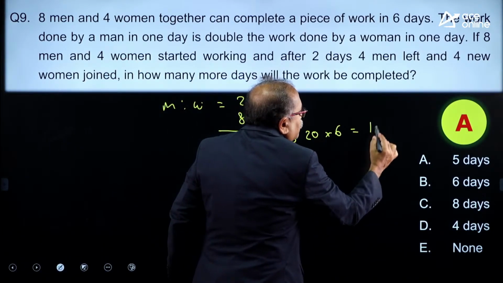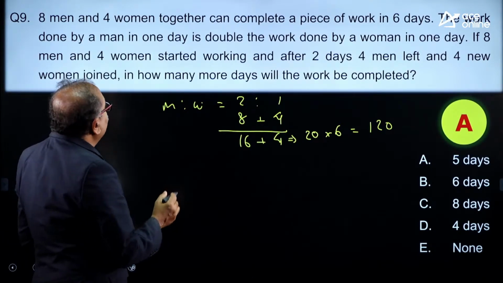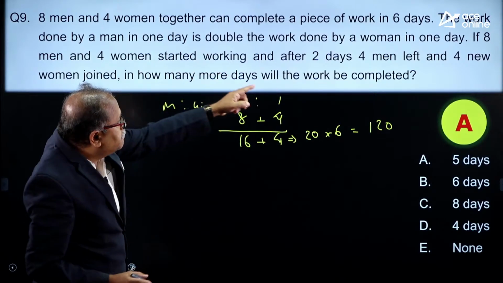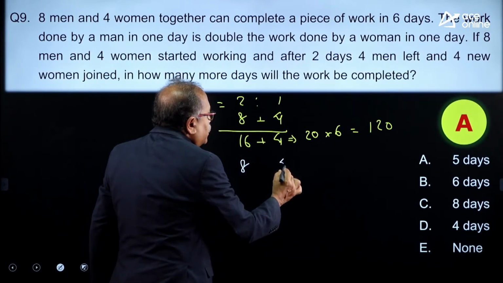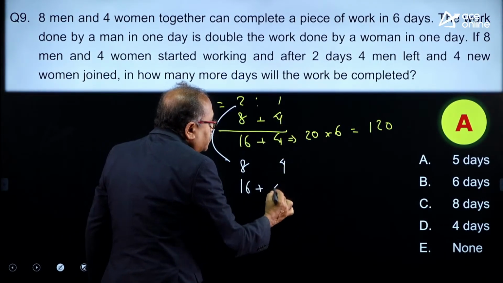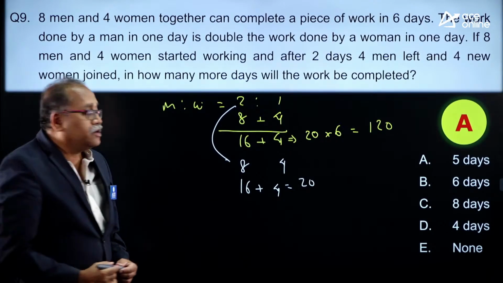In that way, I got 120 units as the work. In the first 2 days, 8 men and 4 women were there, so efficiency 2 into 8 is 16 plus 1 into 4 is 4. Again 20 is the efficiency, and they work for 2 days.